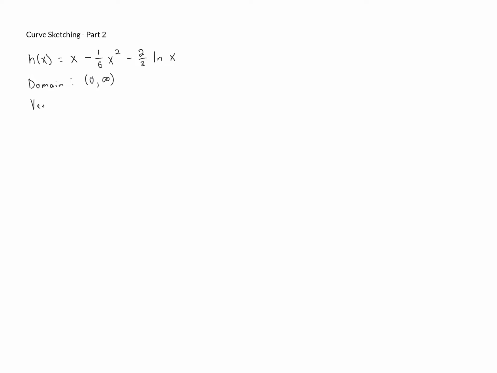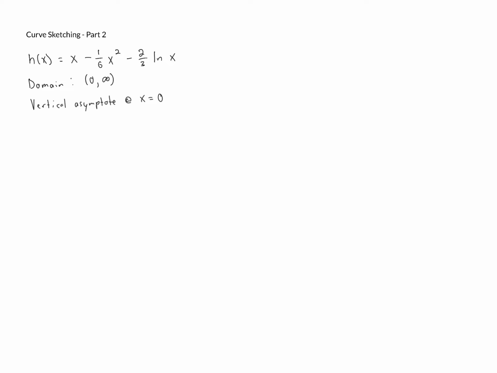So let's note that we have a vertical asymptote at x equals 0 on the left-hand side of that domain. These are things that are helpful to think about when we end up graphing this.